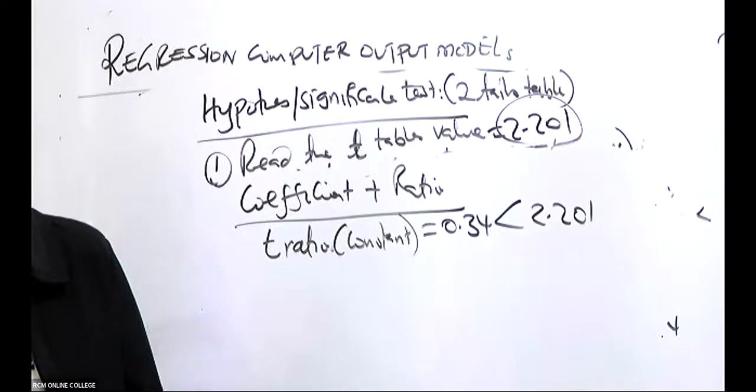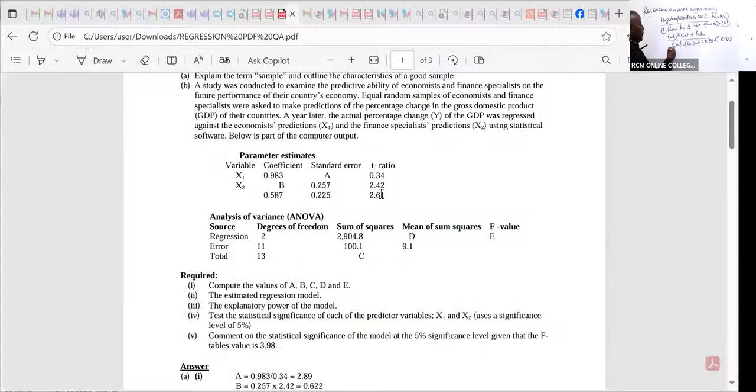So then we take on the second variable, the second coefficient. We have a T ratio there, which is 2.42. So we have this T ratio, which in this case here is for X1. Which in this case here, you are telling me it is 2.42. So please, could you kindly compare this with our hurdle rate of 2.201? It's more, isn't it?